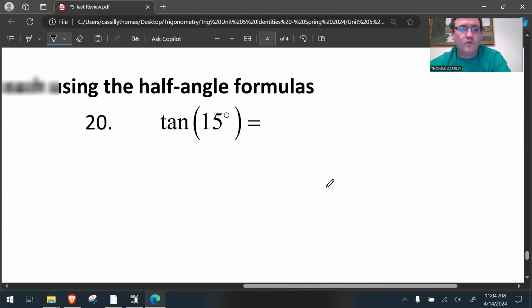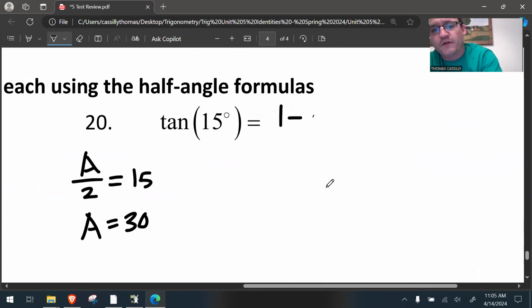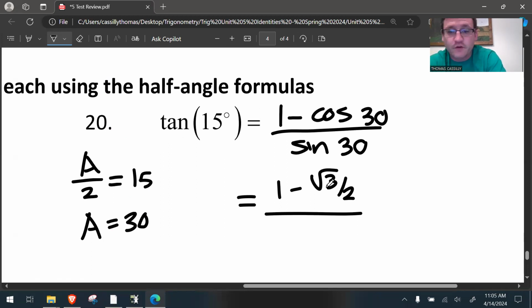All right. One more here, tangent of 15. a over 2 equals 15, so a equals 30. All right, so basically we have 1 minus the cosine of 30 all over the sine of 30. That gives us 1 minus the square root of 3 over 2, all divided by the sine of 30, which is 1/2 from your unit circle.